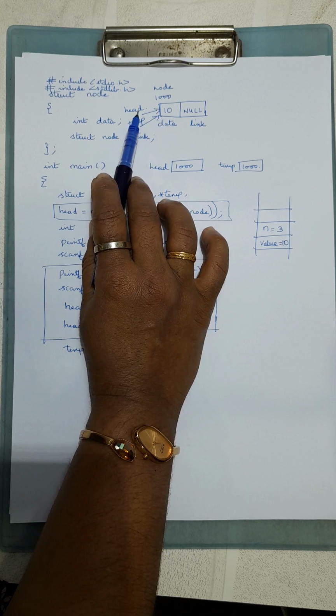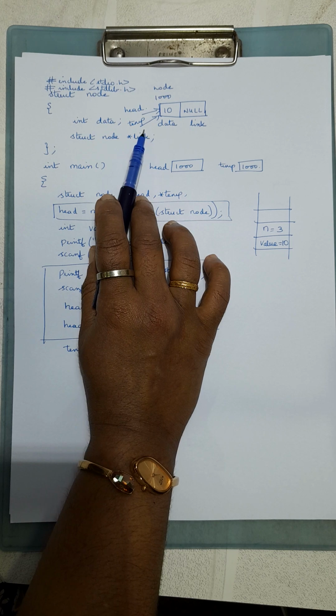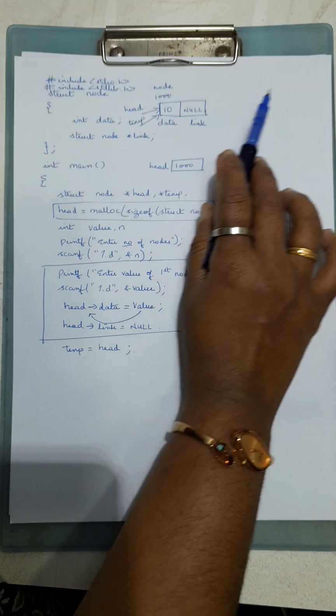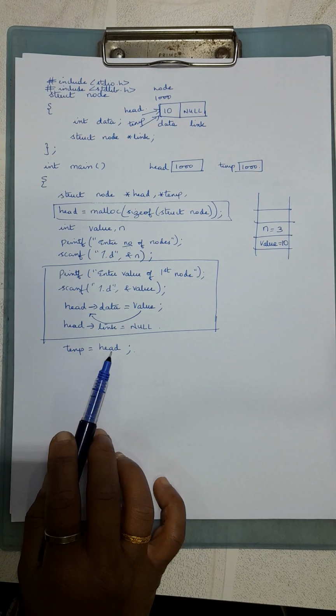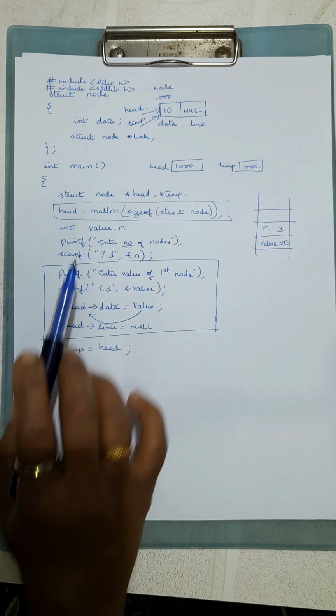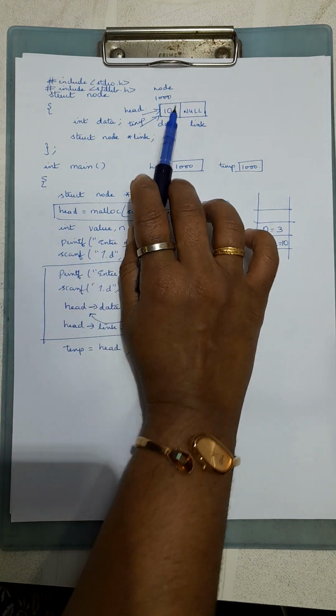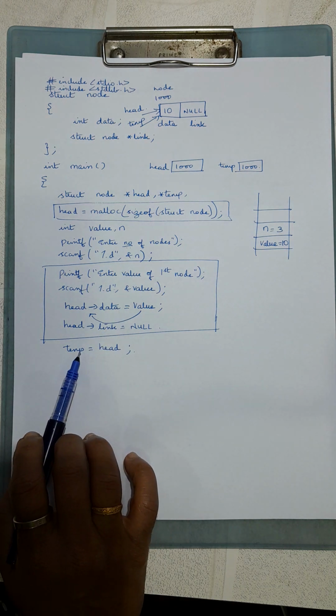So I keep head as the main node, the first node. I'll use a temporary pointer variable so that I can navigate between the nodes. That's why I'm using temp is equal to head. So with the help of temp, I can move between the nodes and provide links from one node to another.